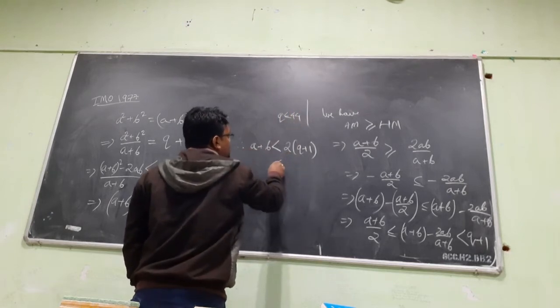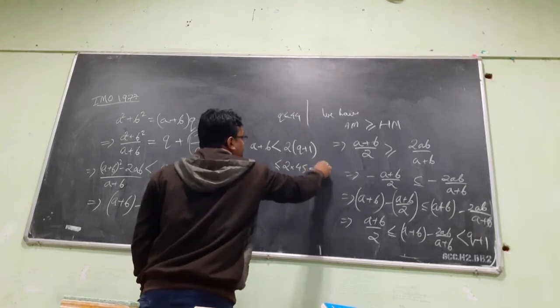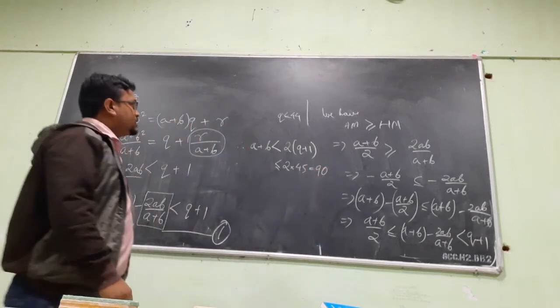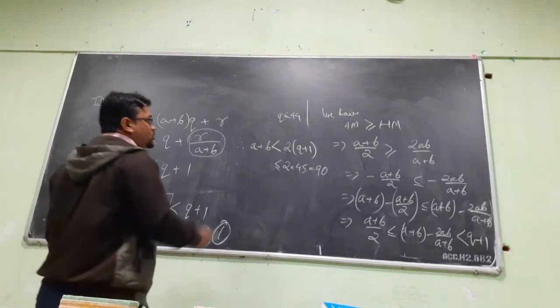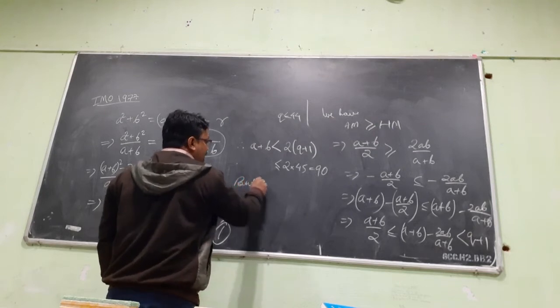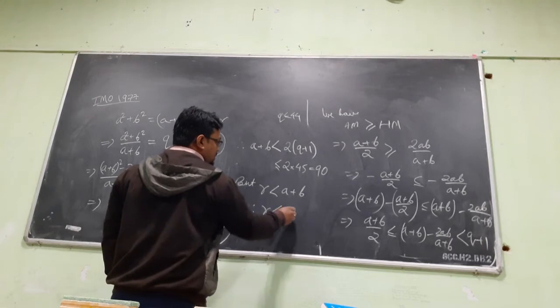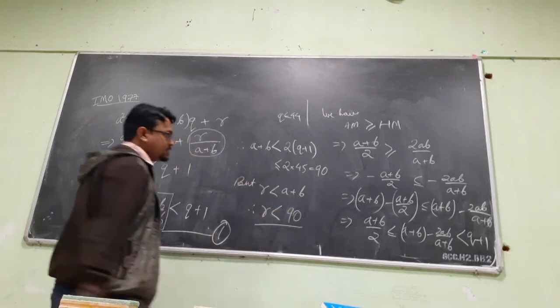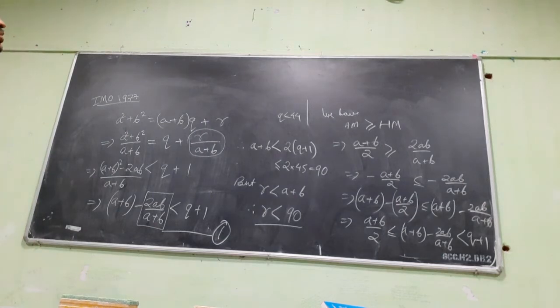So this is less than or equal to 2 into 45. So a plus b is strictly less than 90. Okay, so we have got a limit for r also. But what is r? r is strictly less than a plus b. So therefore r is also less than 90. r should be less than 90. So one more limit we have got. So q lies between 1 and 44 and r lies between 0 and 90.